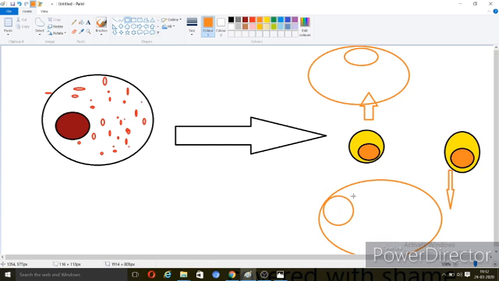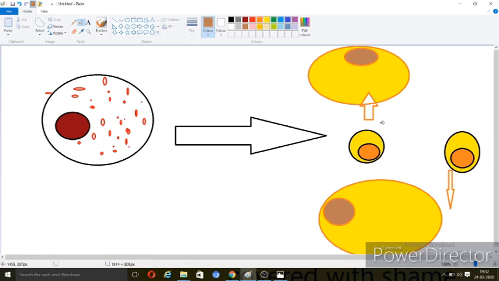So this is a nucleus and this is a nucleus, and then let me draw again. The cytoplasm should be a bigger one. Then only can they become a mother cell. So for that reason, this one and this one also do that.